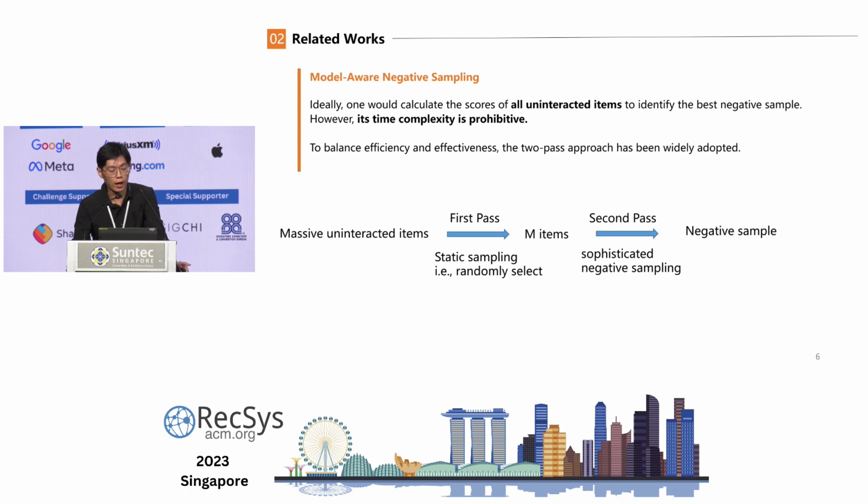You can see we get M candidate items. And then the second pass selects the final negative items with more complex negative sampling strategies. You can imagine the first pass is model-agnostic, and the second pass is model-aware.